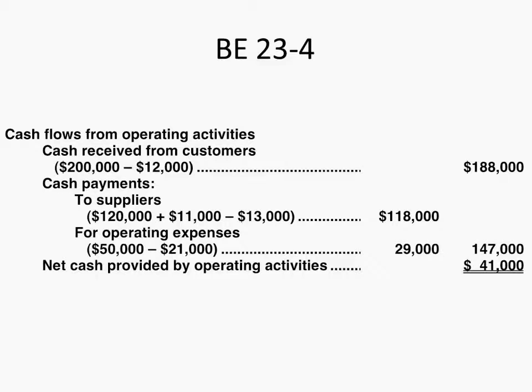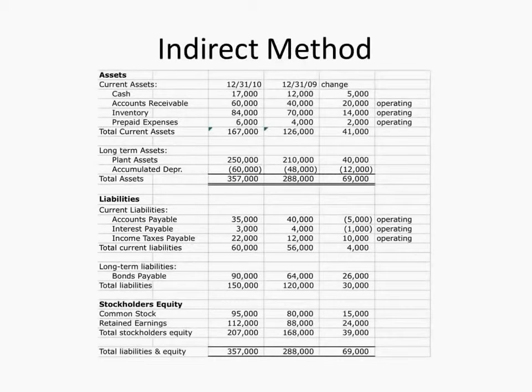Okay? So let's take a look here. On the indirect method, you have to start with net income. So even though on the direct method you start at the top of the income statement, under the indirect method, you start at the bottom of the income statement.